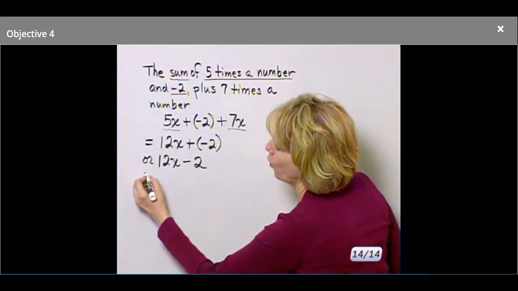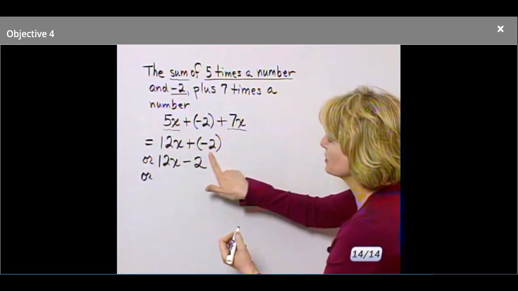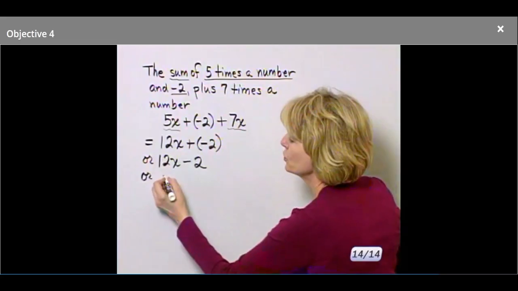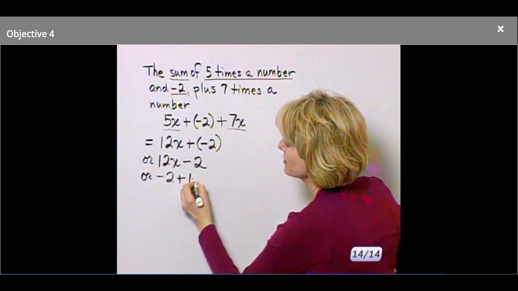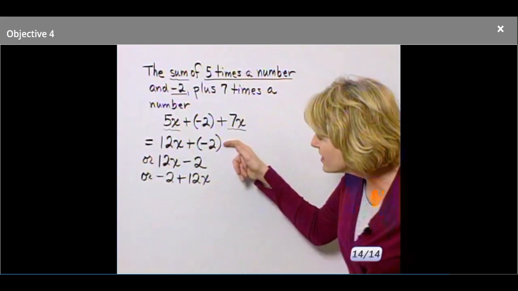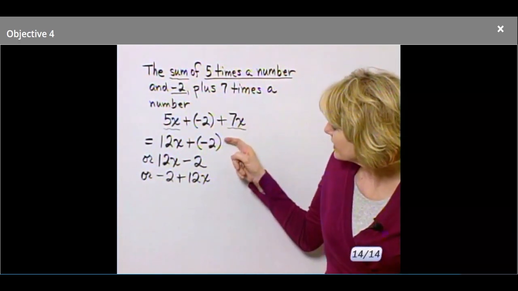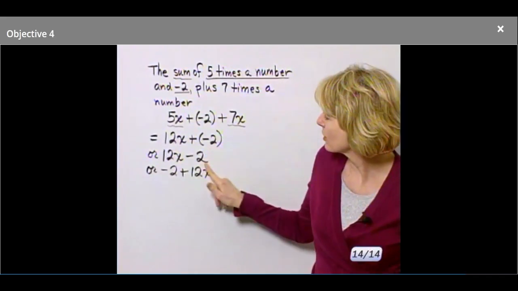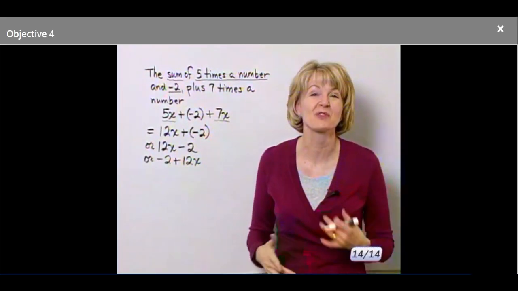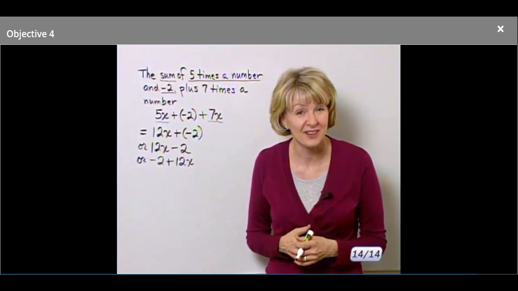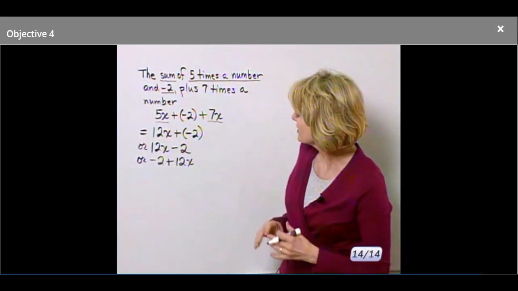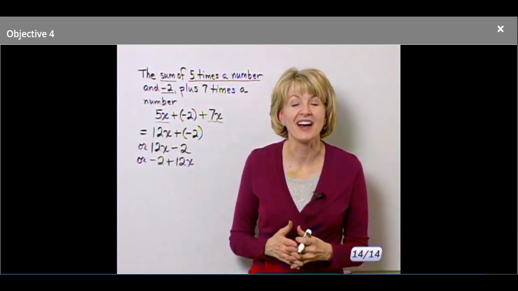Or another way of writing this, put this term first: negative 2 plus 12x. These are all equivalent. We've simplified, and in any of these cases, these are now all unlike terms, so we cannot simplify any further. All right, at this time, practice simplifying algebra.